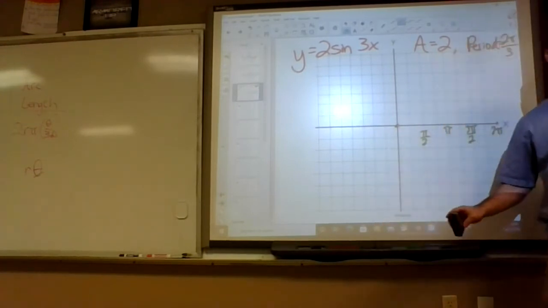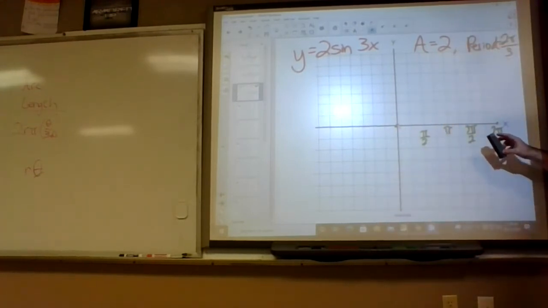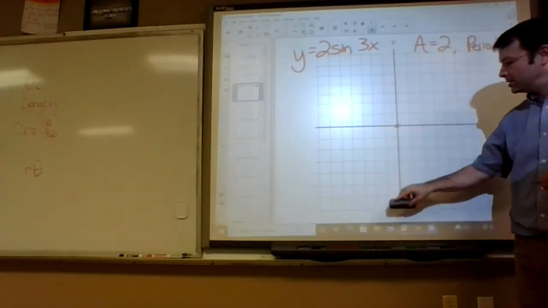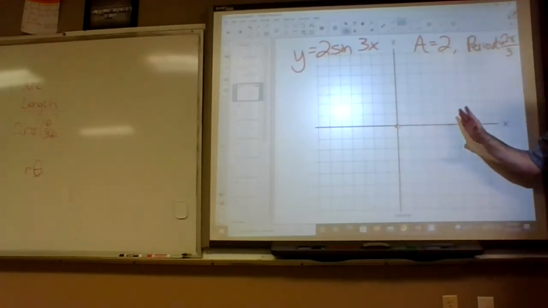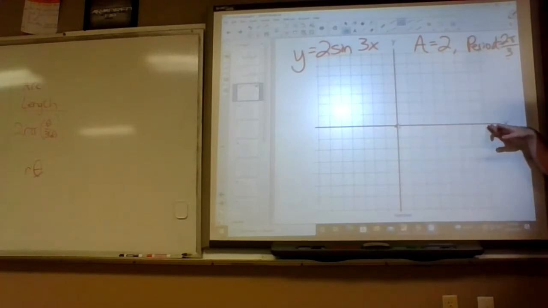So we cheated. Josh, I don't know if you were here or not. How we cheated was, instead of making the graph fit into the 2 pi, I just said, let's put 2 pi over 3 right here, where the 2 pi used to be.